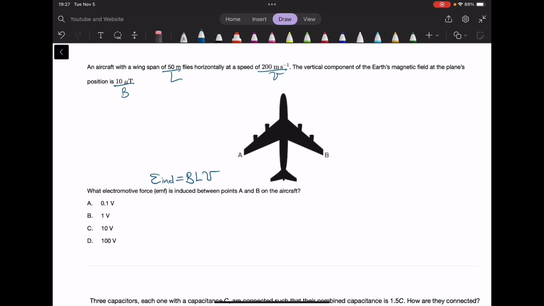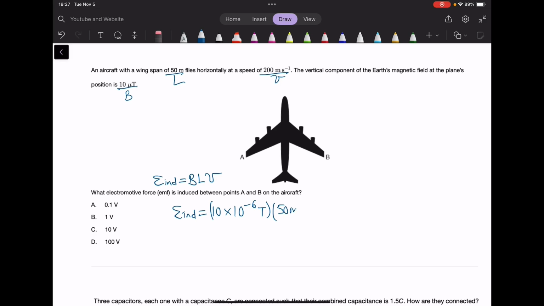So substituting everything, we get 10 microtesla. Again, convert to tesla. We multiply the quantity by 10 to the power of -6. And then the length is 50 meters. Velocity is 200 meters per second.